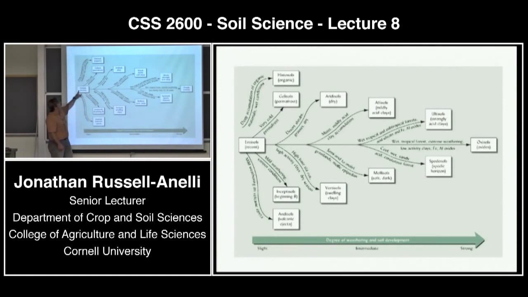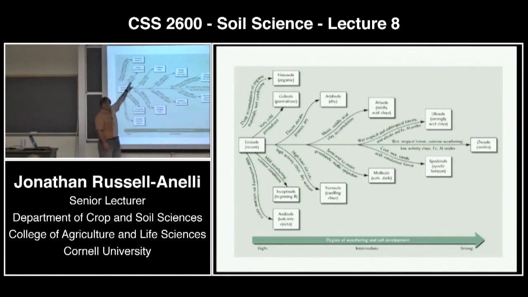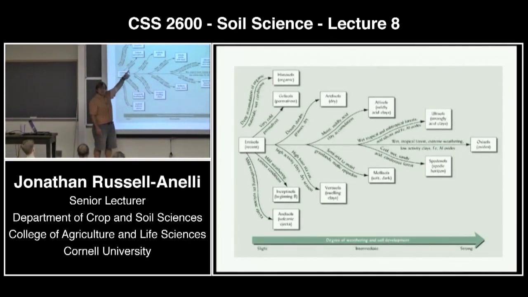On the other hand, if I have this recent deposit of material and it's in a cold area where I might have permafrost, and I have any kind of cryoturbation or permafrost, we call it a gellosoil. The frost is producing a diagnostic feature of that soil from the entosoil. It now has diagnostic features.